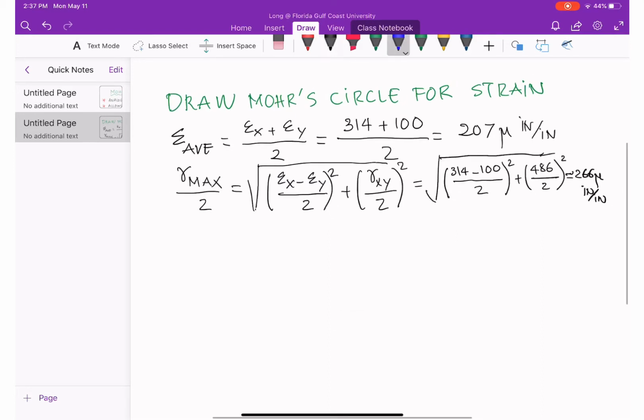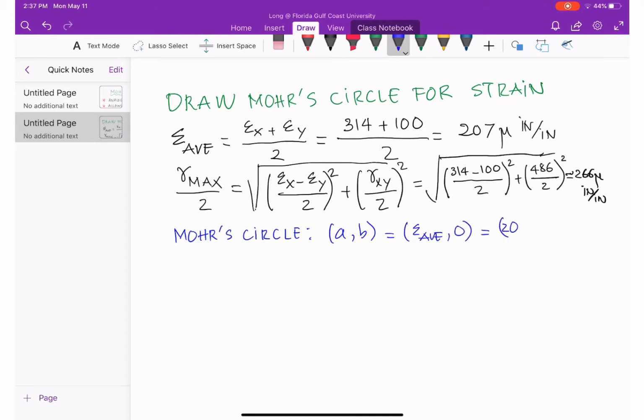So we have the Mohr's circle information. The center is equal to epsilon average, which is 207 micro inch per inch.